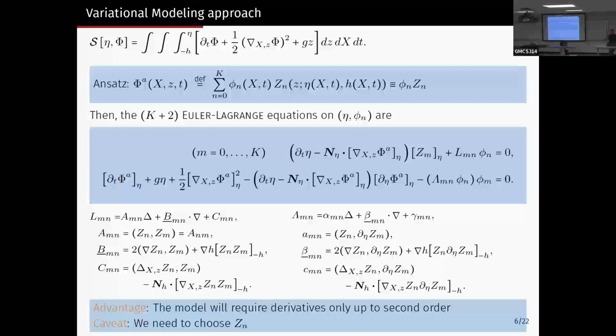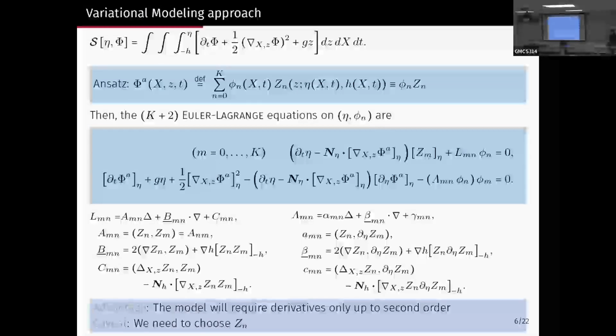This is good, and I say it in comparison with asymptotic models, because as you increase the order of approximation, you get higher and higher derivatives. And after some point, this becomes difficult to apply numerically.